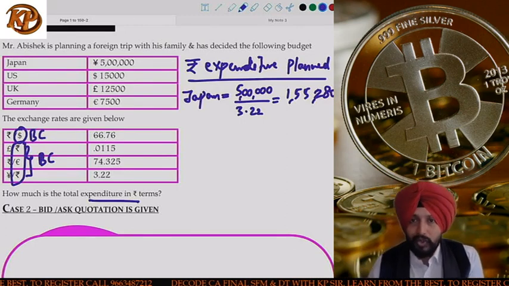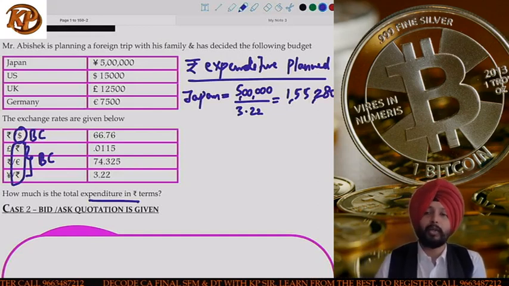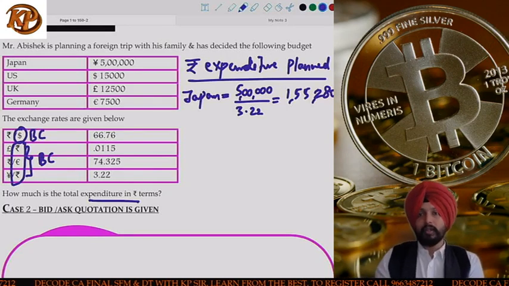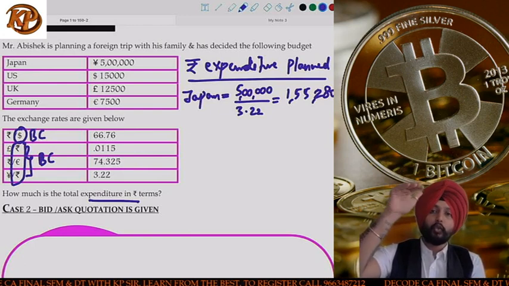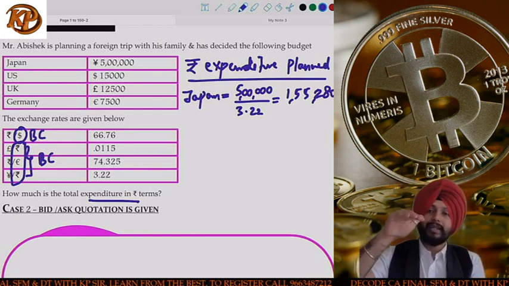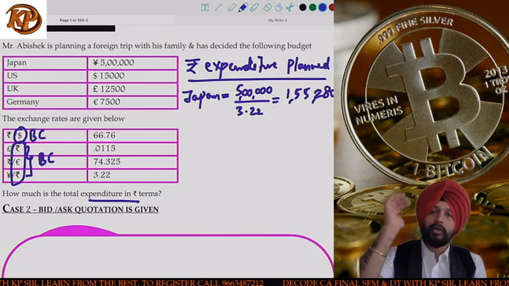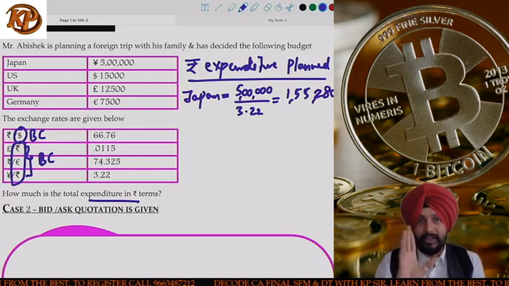What we need to understand is that yen is weaker than rupee. So the common currencies in descending order of value are pound, then euro, then dollar, then rupee, and then yen. These are the quotations.